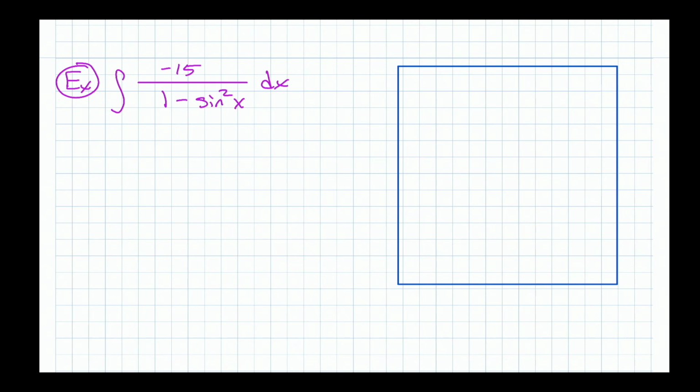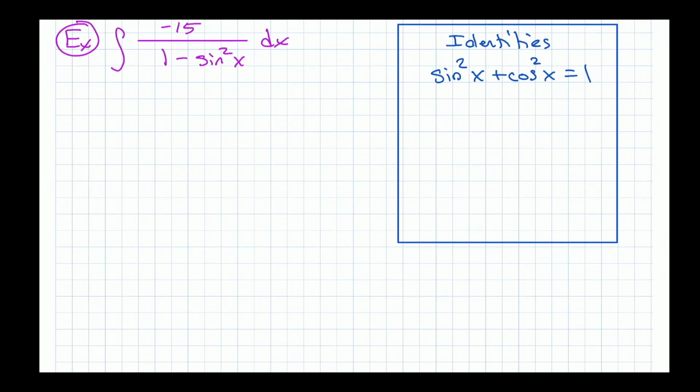Specifically, you have these identities. You have sine squared x plus cosine squared x is 1. If you look them up, you also have tangent squared x plus 1 is secant squared x, and 1 plus cotangent squared x is cosecant squared x.